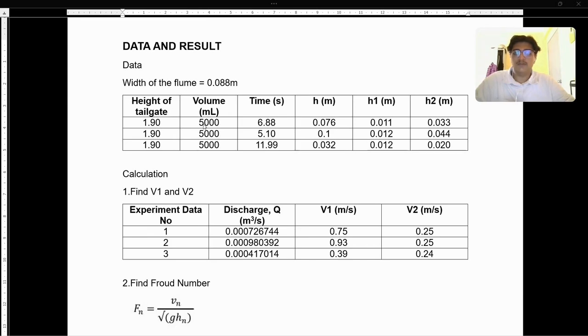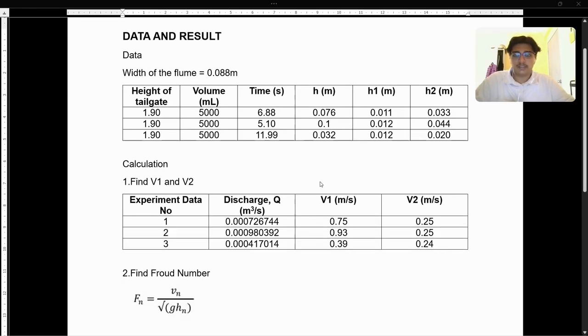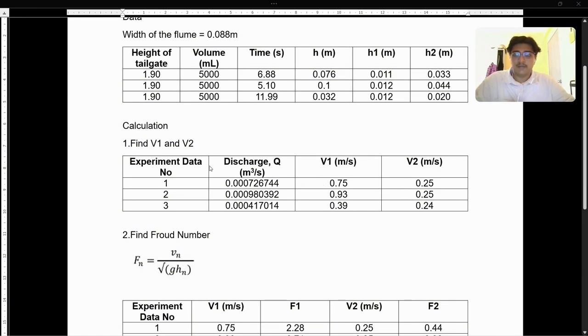Volume we use is 5000 ml and it is constant for the three tests. And this is the time for the three tests, H, H1 and H2 for the three tests. Calculation: we must find V1 and V2.